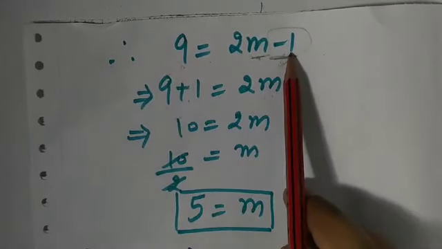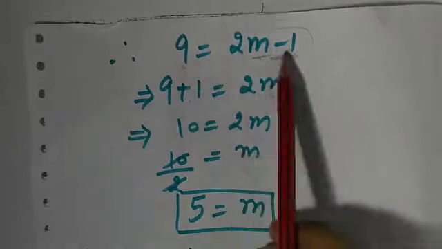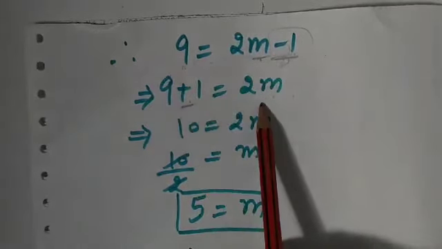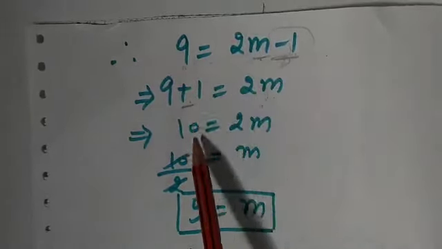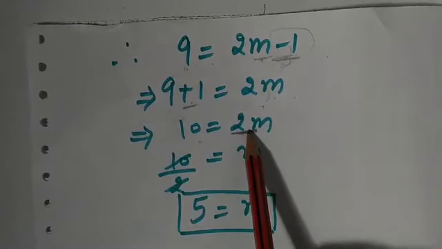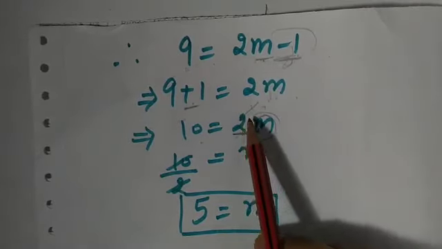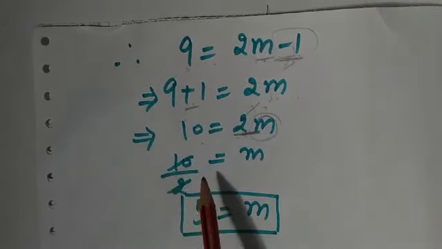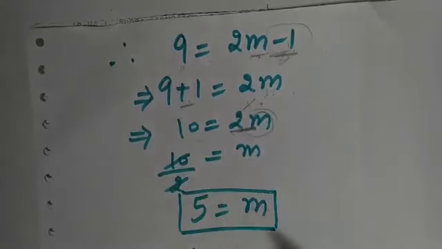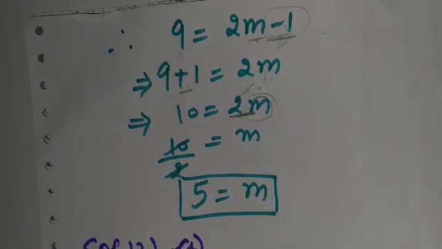It is in minus, so if minus 1 is shifted to this side, it will be in plus sign. Now it will remain the same 2m, so it will be 10 is equal to 2m. Now 2 is in multiplication with m. If I change its side, it will be in divide, so 10 divided by 2 is 5, so m is equal to 5.